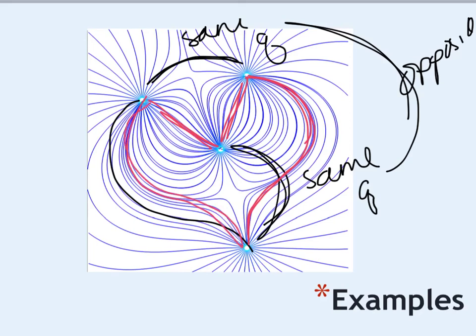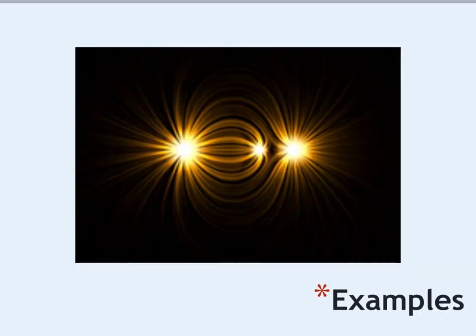So we can always tell, even if we don't know if they're specifically negative or positive because there's no arrows, which ones have the same charge and which ones have opposite charge based on where the field lines go. So this last picture then is just kind of a fun one. It was created by MIT, and I like it just because it shows the light. Here also we can tell the relationship of charges.